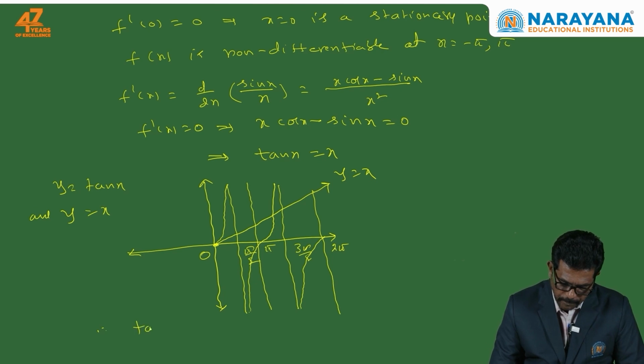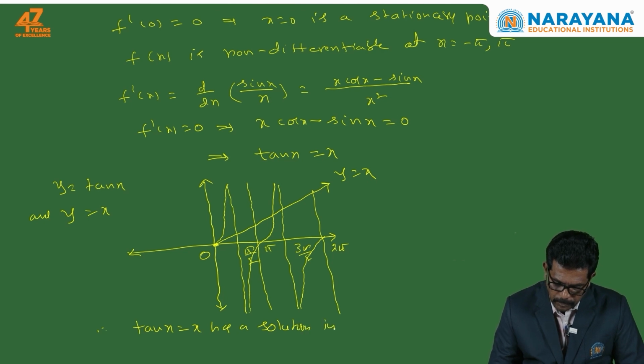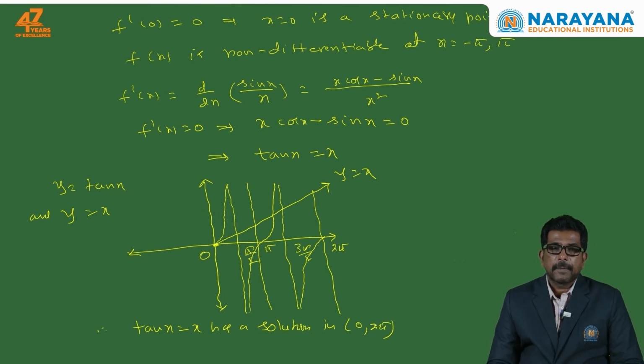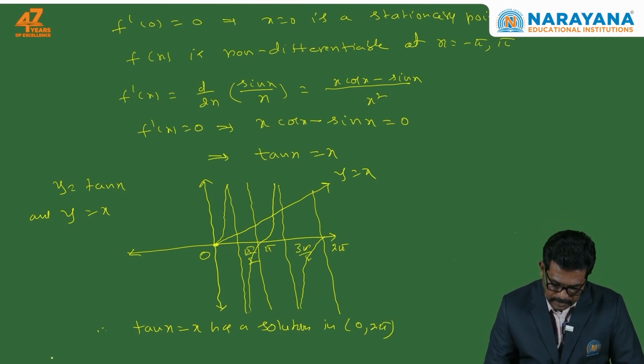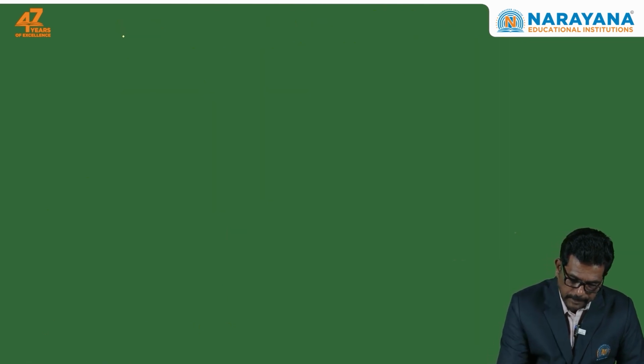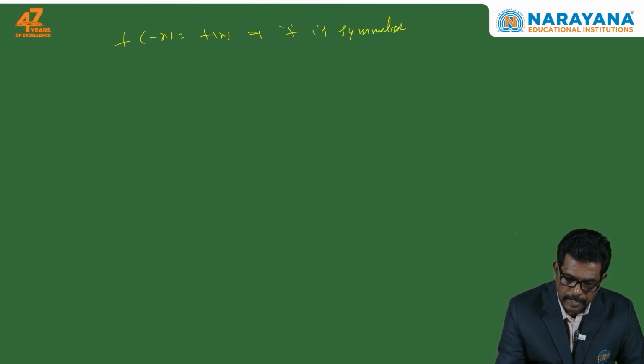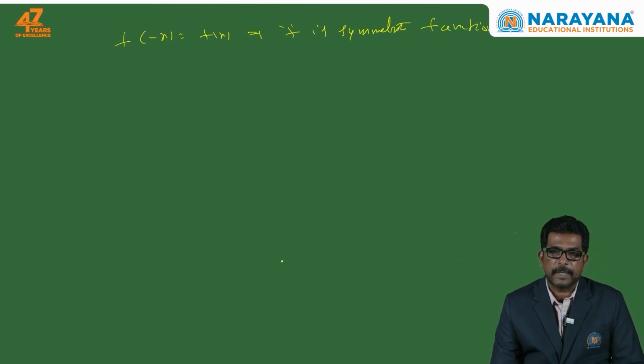Therefore, tan x is equal to x has one solution in 0 comma 2 pi. Similarly, by the symmetry of the function, observing f of minus x is equal to f of x, f is a symmetric function.